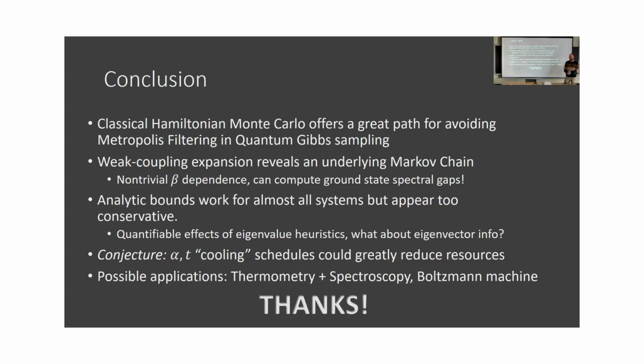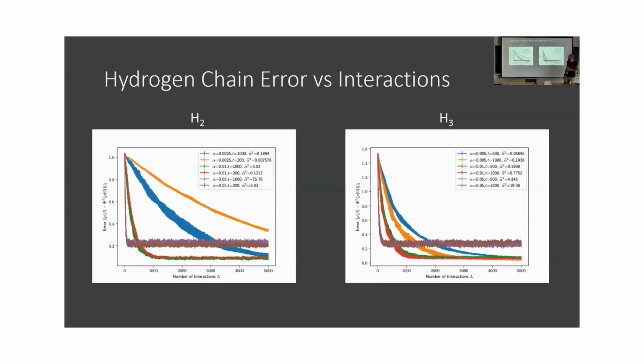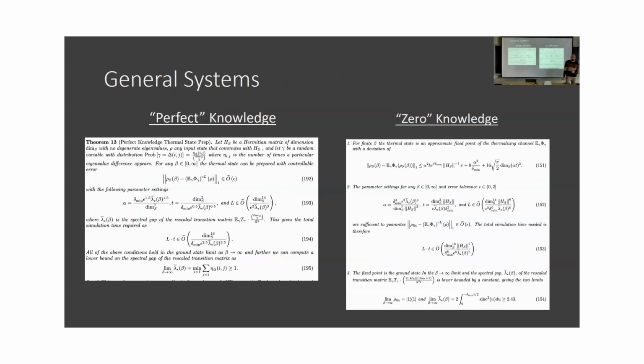Can you tell us a little bit more about the no-knowledge algorithm? So you have an N-level system, you don't know anything about its spectrum. So what would be the process to normalize it every time you come with an ancilla with random? Yeah, so the process is you have some upper bound on the spectral norm of the Hamiltonian.